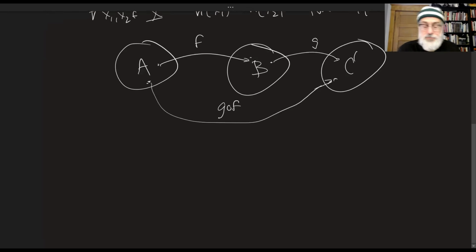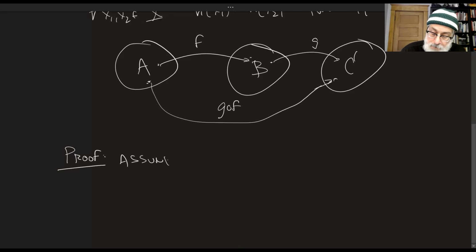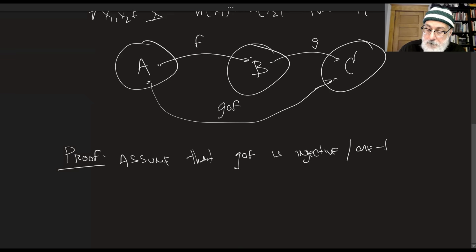So let's start the proof. We're going to do this directly. So again, we're going to assume that G of F is injective or 1-to-1, and we're going to show that F is 1-to-1.